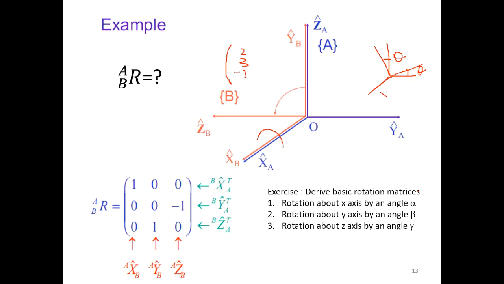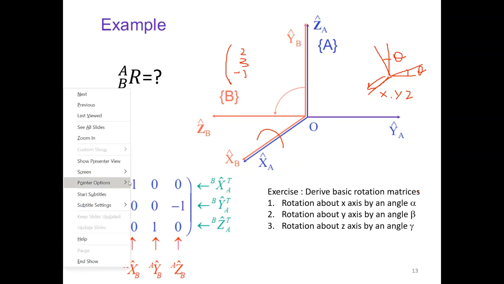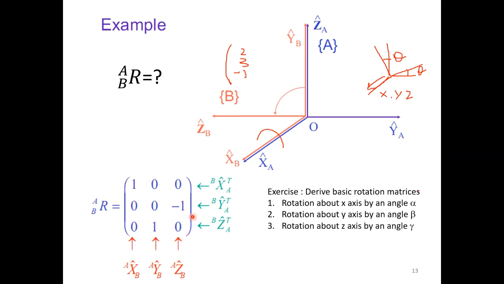It can be x initially, but when you do it for y, change it to y, then to z, right? The axis of rotation has to be this direction always. Then you can actually calculate the rotation matrix. All right.